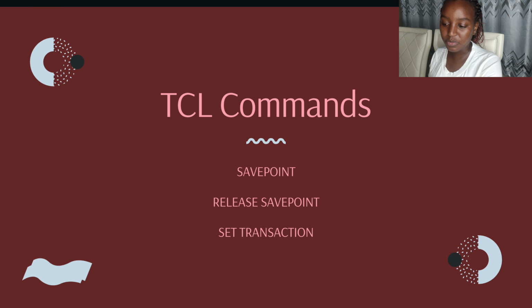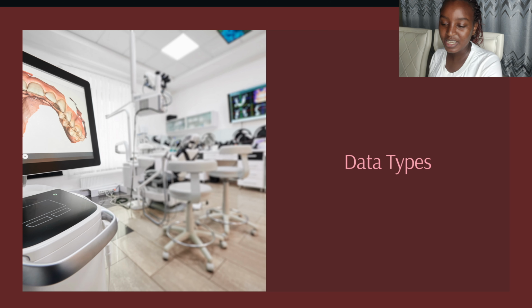I've explained this. If it gets to stage 5 and it can't continue, I need to roll back to the state I was before I started executing my commands in the first place. So that's what rollback does. We have 3 more. We have savepoint, we have release savepoint, and we have set transaction. So those are all the SQL commands.